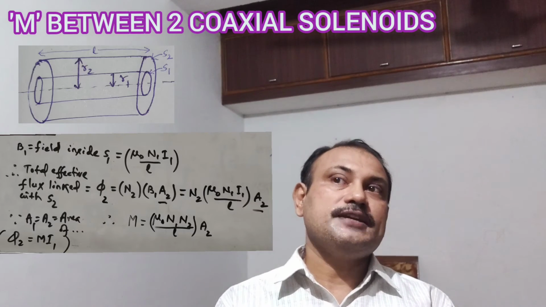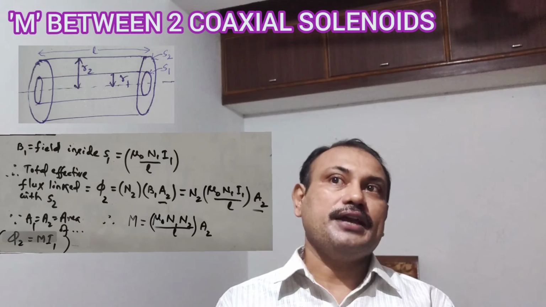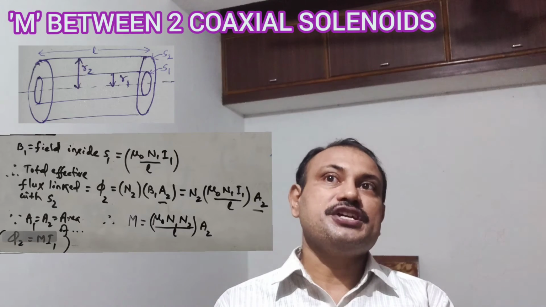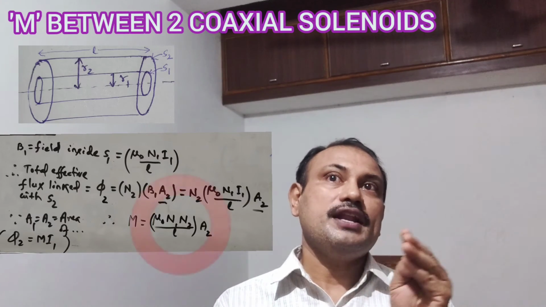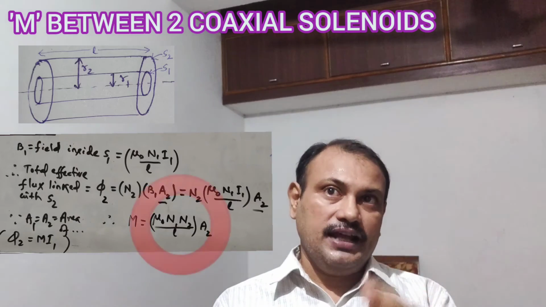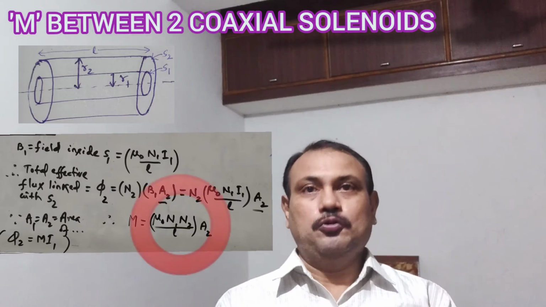Again, if you compare with the expression phi 2 equal to M I1, then the mutual coefficient M must be equal to mu 0 times N1 N2 upon L times A2.